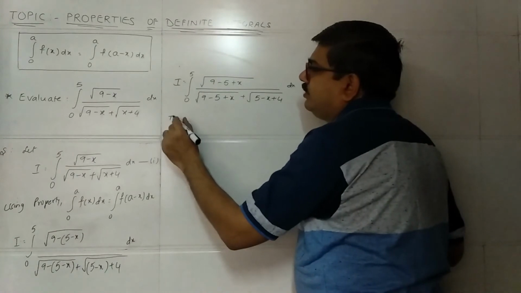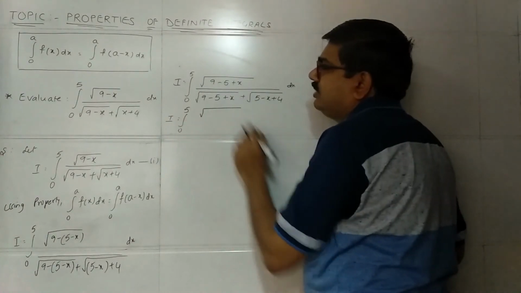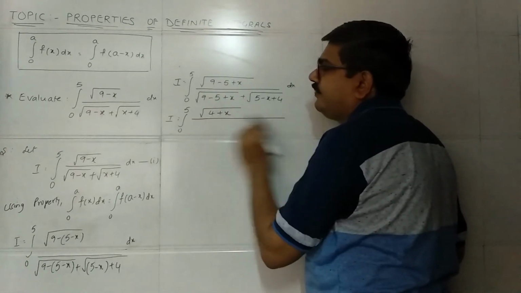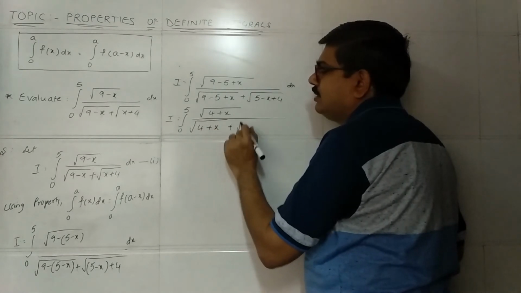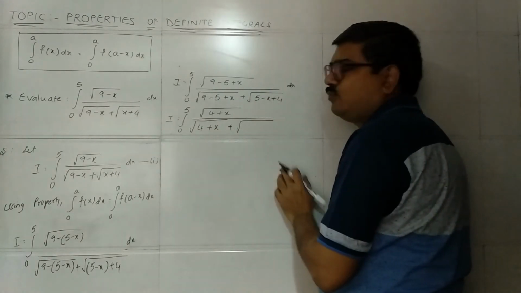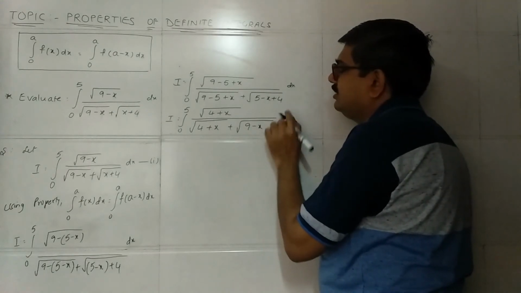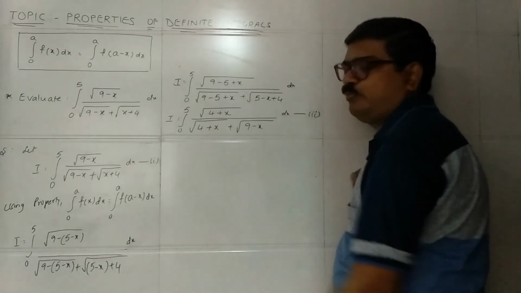That is equal to integral 0 to 5 of square root of 9 minus 5 is 4, so 4 plus x, upon square root of 4 plus x plus square root of 5 plus 4 is 9, 9 minus x dx. Let this be equation number 2.